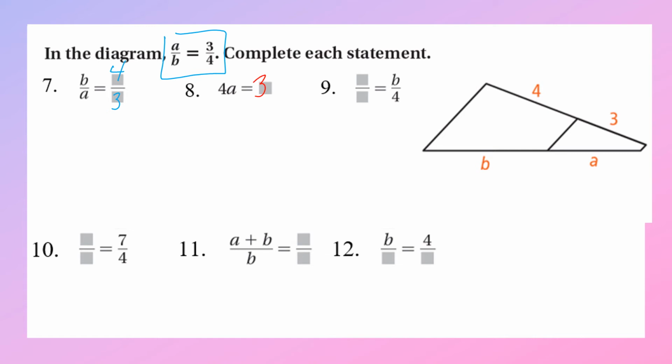Numerator in the second one, denominator in the first one. 4A equals 3B. And that is something that we will get to here in a second, called cross multiplying. 9, my second one, I am using the denominator of both of my fractions. So if those are both the denominators, then I need to use both the numerators of the fractions.